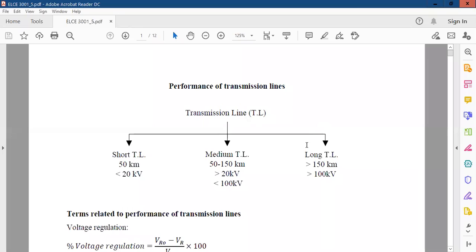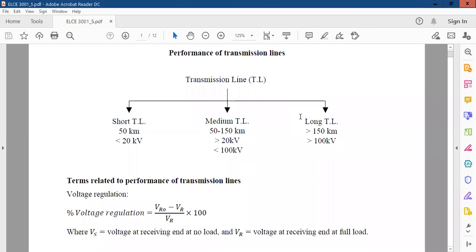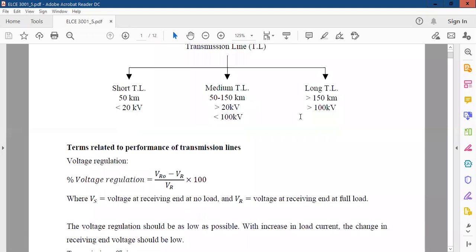Now, when we are analyzing our transmission lines, and when we want to study the performance of our transmission line, there are some important terms that we have to understand. First term is voltage regulation. Voltage regulation is calculating the difference between the sending end voltage and the receiving end voltage.